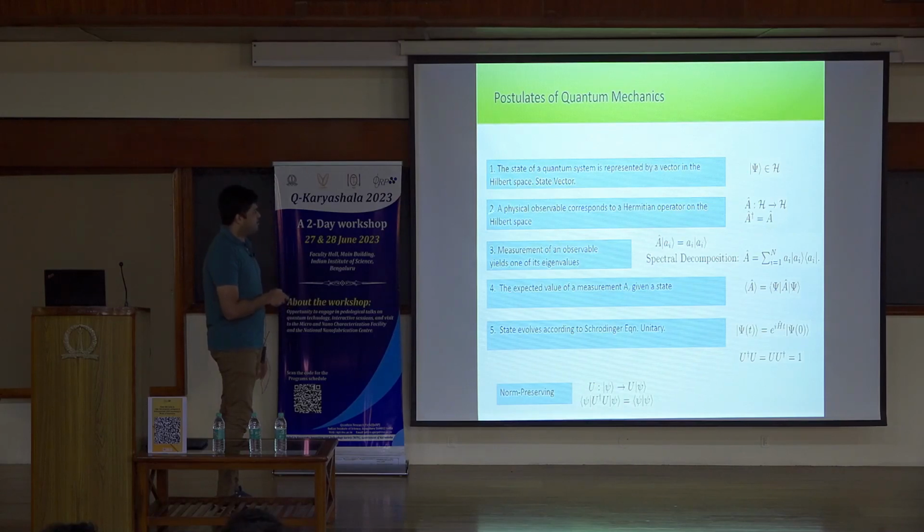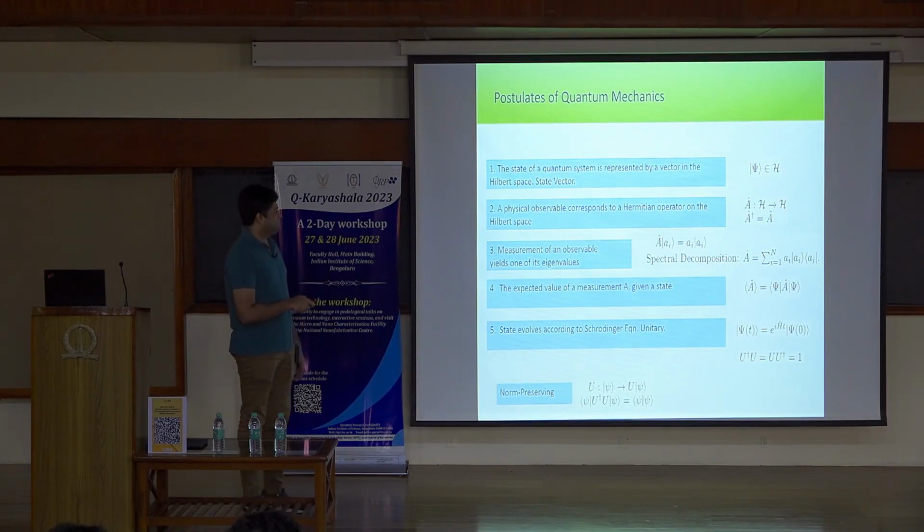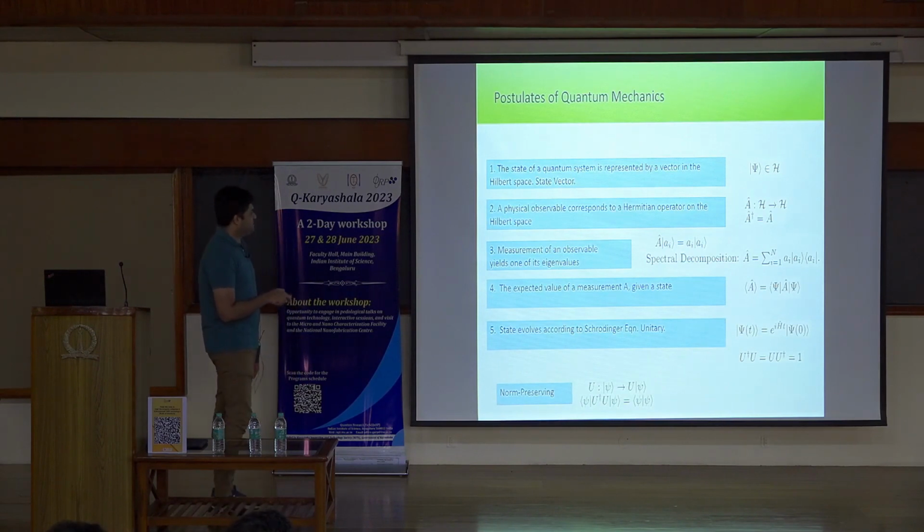And all physical observables correspond to a Hermitian operator on the Hilbert space. So what kind of operators are these? These are linear operators. So it's all linear algebra written in strange notation, right? For those of you from engineering backgrounds who are not familiar with this ket notation, I think most of you are familiar with the bracket notation, yeah.